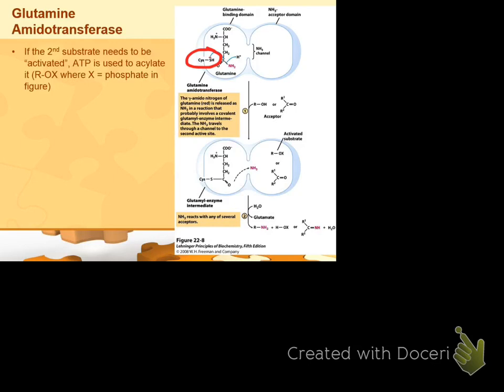But once again, it just goes through this channel to the second binding site, where there's already either an activated alcohol group waiting or a ketone aldehyde. Okay. And as you know from organic chemistry too, if you start off with a carbonyl group and nitrogen does the attacking, you end up with an imine.